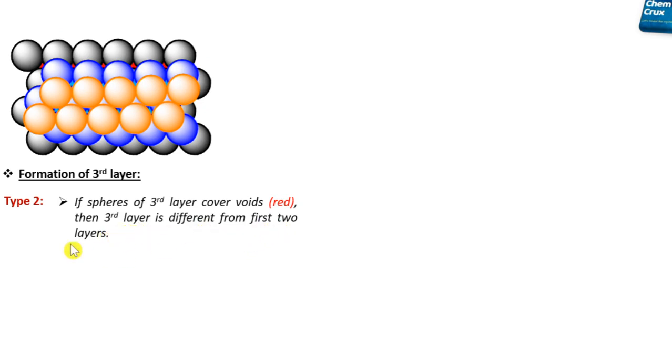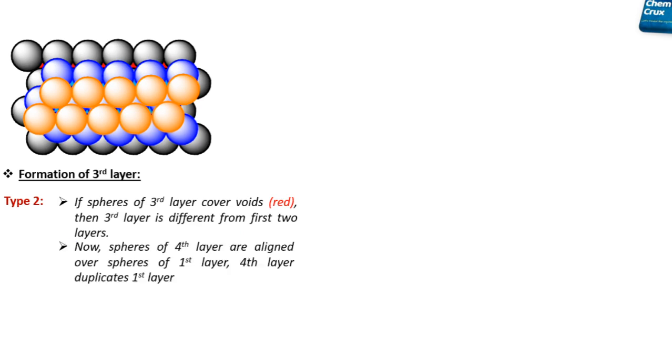Now if I form the fourth layer by covering these blue colored voids, you know that the fourth layer will be aligned above the spheres of the first layer, right? So I am covering the blue colored voids.